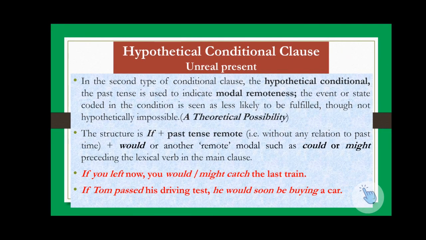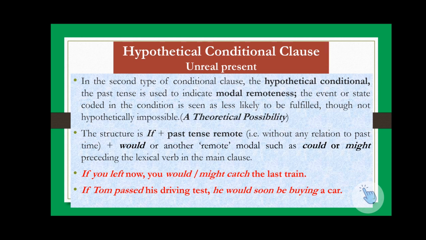This clause is technically and linguistically called the hypothetical conditional clause. In everyday life situations, we call it the type 2 unreal conditional clause in present. If you remember, in our previous lecture, we talked in detail about the type 1 real conditional clause, where in the result clause something may happen or may not happen.